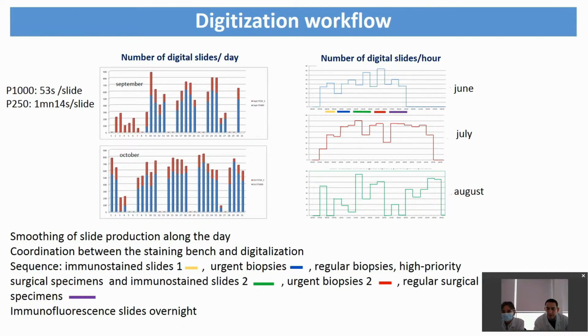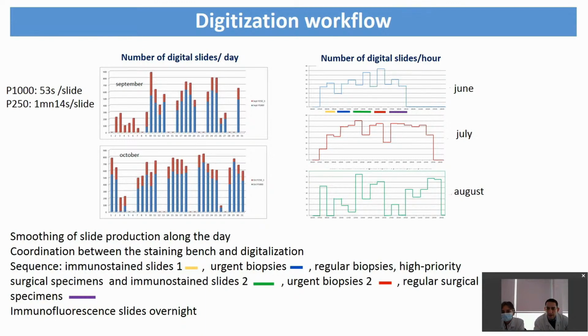The daily sequence of digitization is first immunostain slides from the night run, then urgent biopsies, regular biopsies, priority surgical specimens, and second immunostain slides from the morning run, urgent biopsies of the day, and regular surgical specimens.